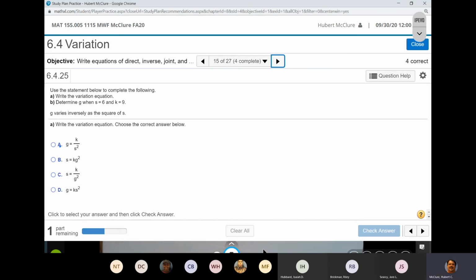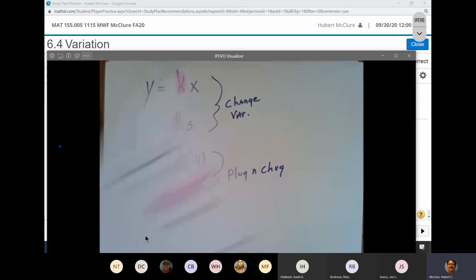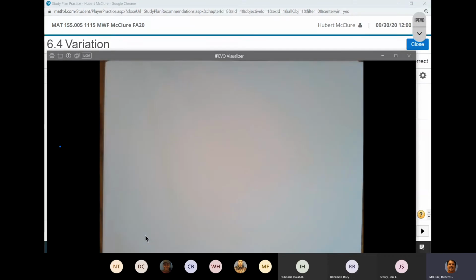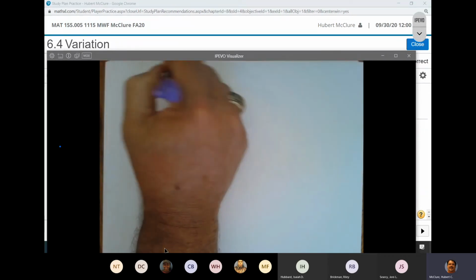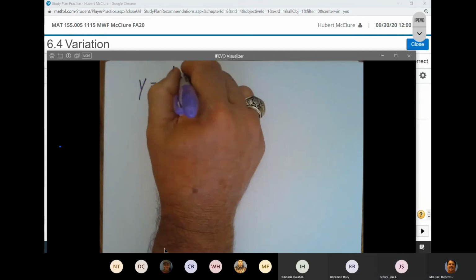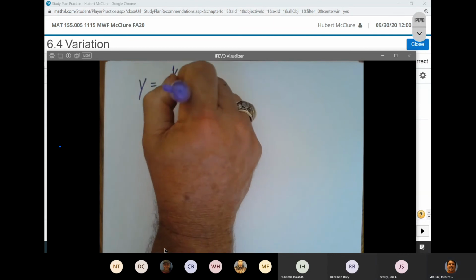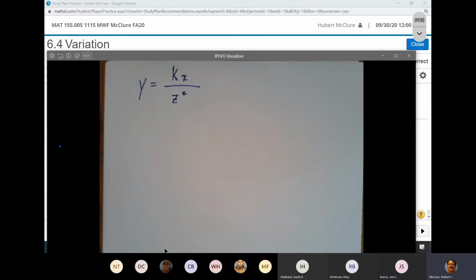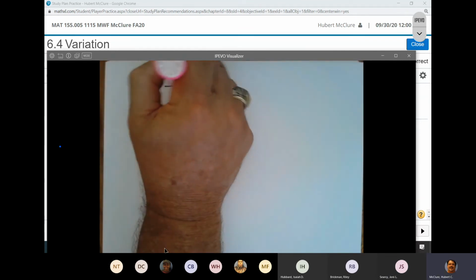Oops, sorry. That's that one. So I'm going to rewrite it on the next clean sheet. I'm going to rewrite y is equal to kx over z squared. And I'm going to highlight my k to remind me, don't mess it up.